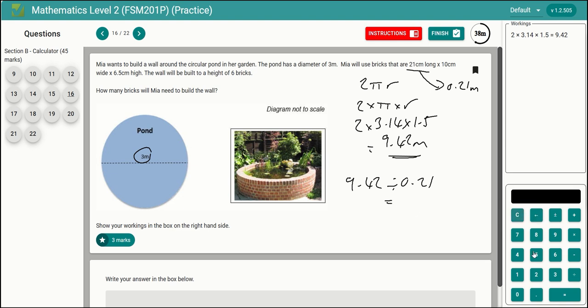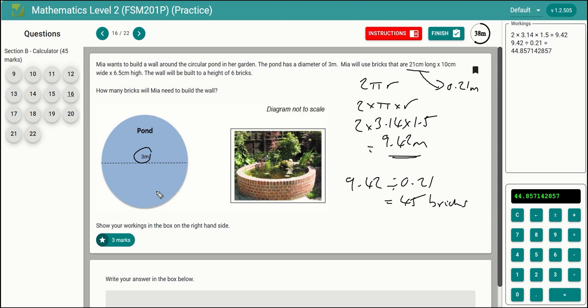So let's grab the calculator again. 9.42 divided by 0.21. So we need 44.85 bricks. But let's be sensible. We're not going to buy 0.85 of a brick. We are going to buy 45 bricks. So that is 45 bricks.